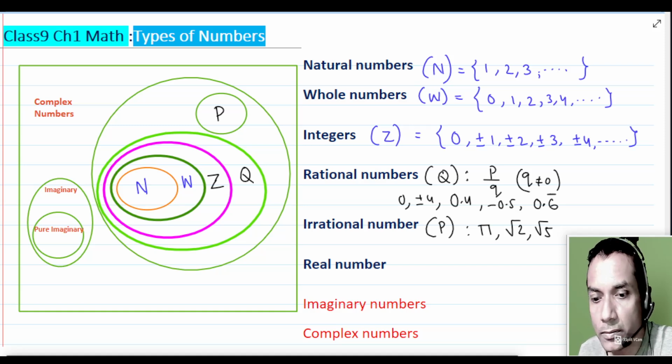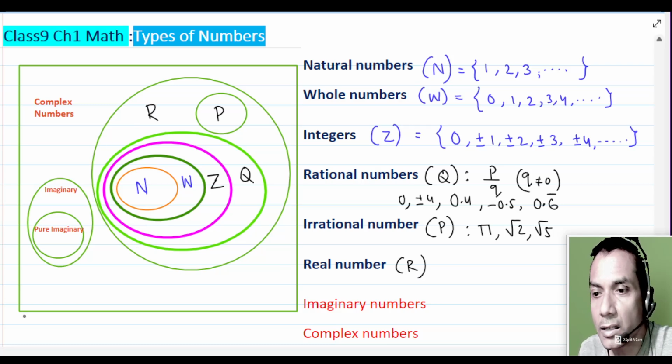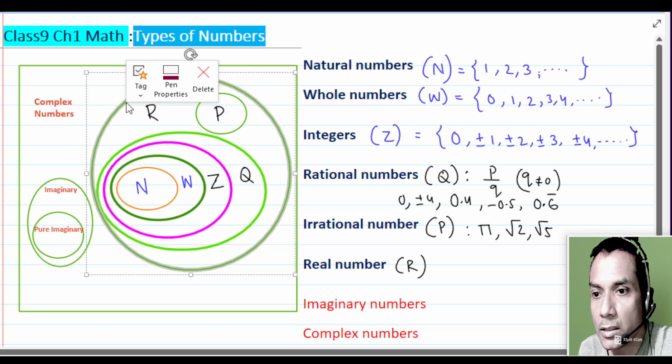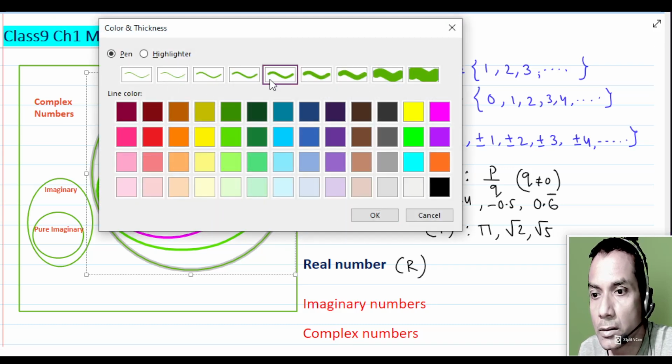Real numbers include all rational numbers and irrational numbers. So real number is represented by R, and this outside circle is represented by R. Okay, clear?